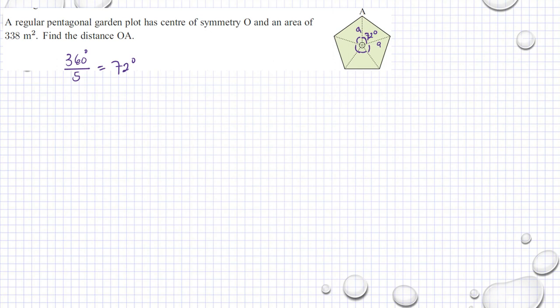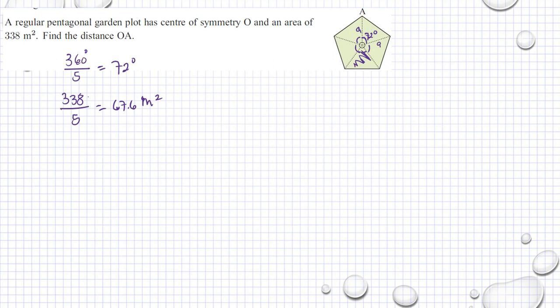Okay, and then we have also 338 square meter divided by 5 triangles. So we have 338 divided by 5, that is 67.6 square meter. That's the area of one of the triangles. The area of this is 67.6 square meters.